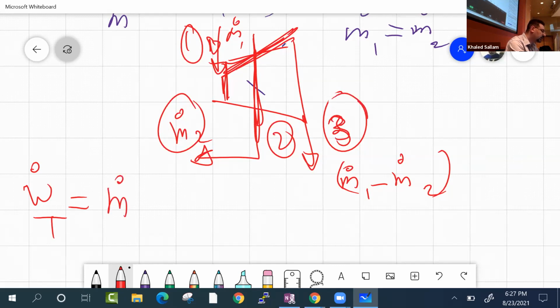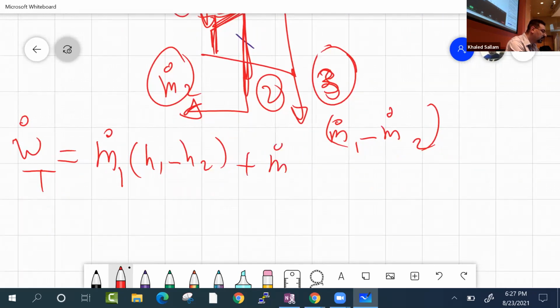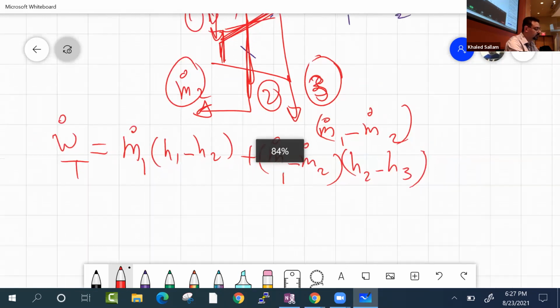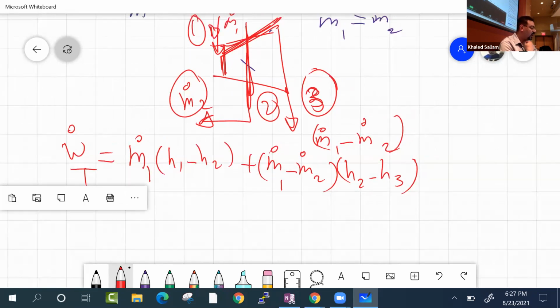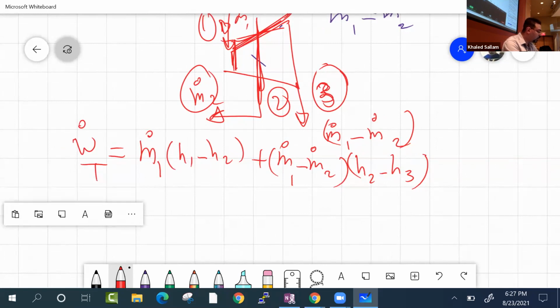Divide it into sections and say it's m dot 1 (H1 minus H2) plus (m dot 1 minus m dot 2) times (H2 minus H3). That's what will continue with me. Okay, make sense? Yes.